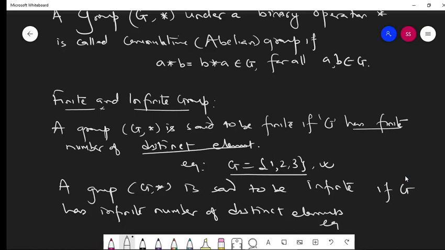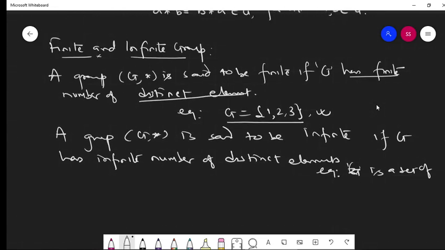For example, Z is a set of integers. These are the set of integers.